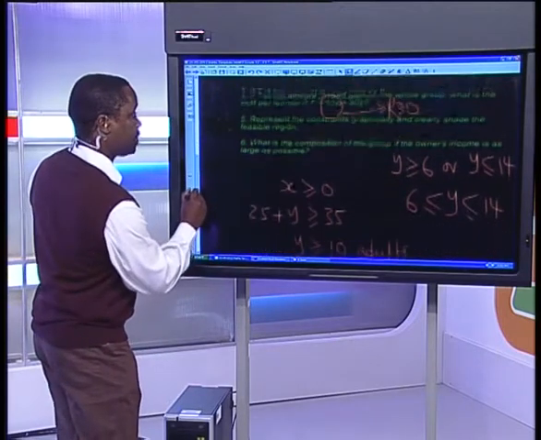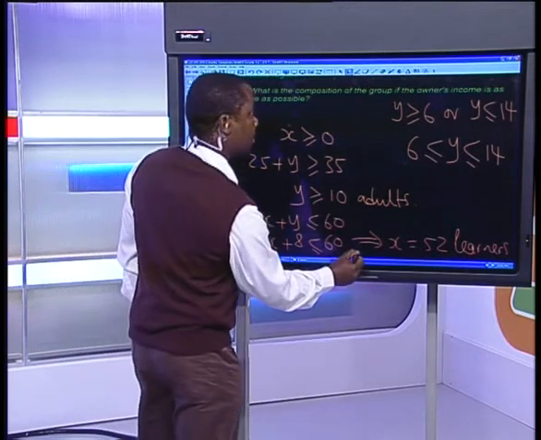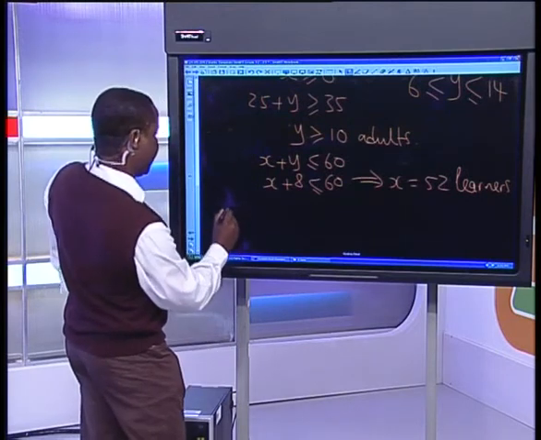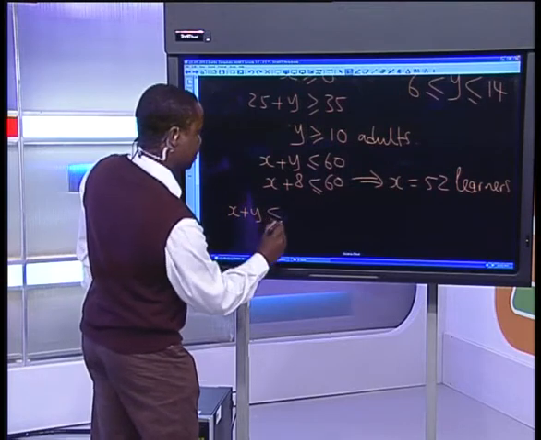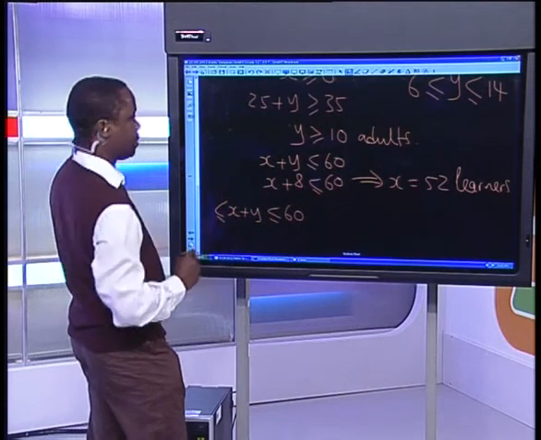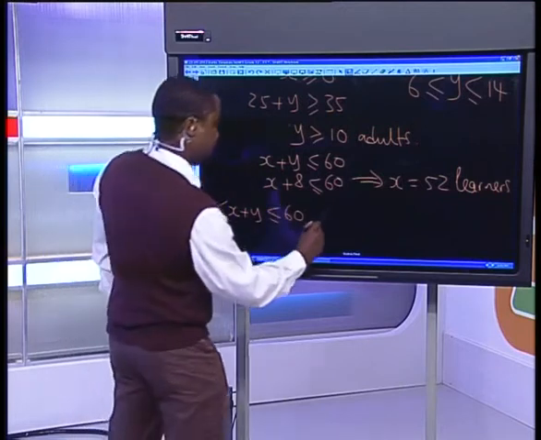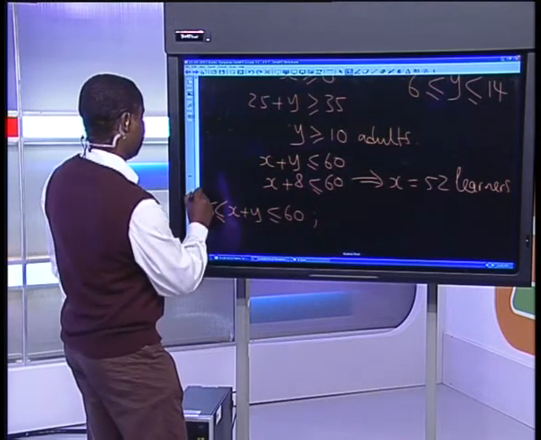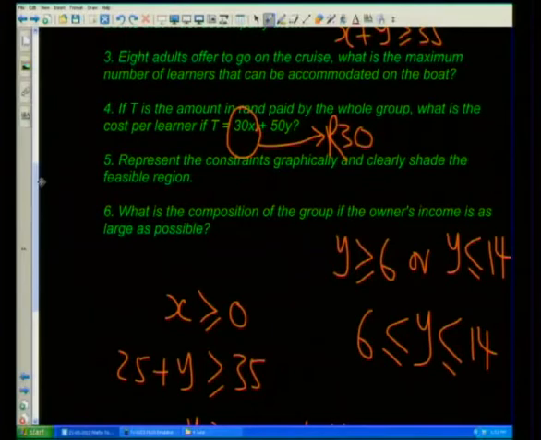The feasible region and all that. We're representing all those inequalities in a graph now. I would like to list them quickly here. All right, we did say x plus y less than or equal to 60 and greater than or equal to 35. And if I can just list them in one line, the other one, if I go back quickly, was y between 6 and 14.